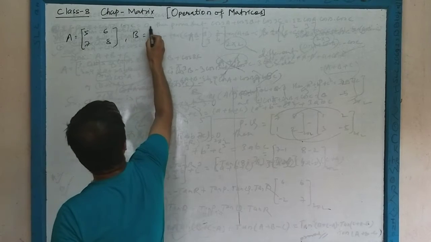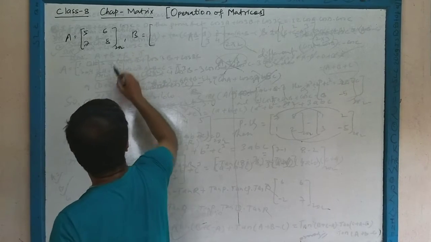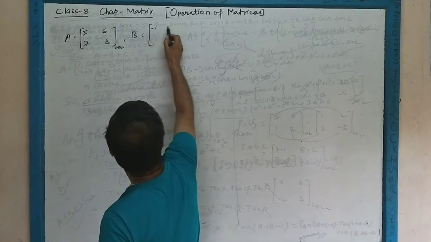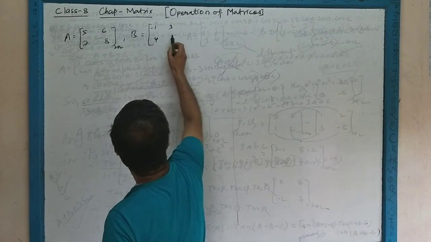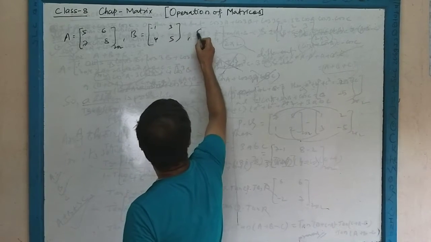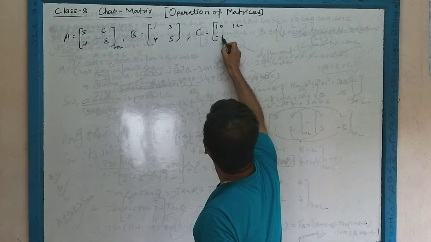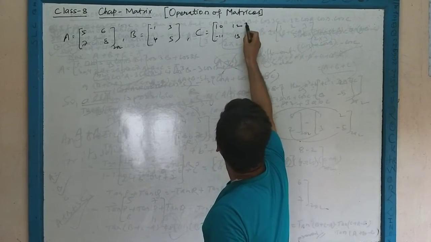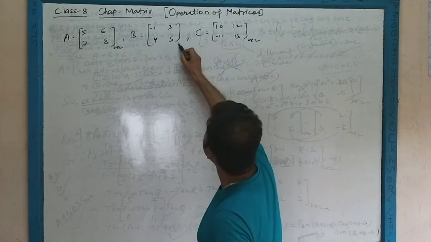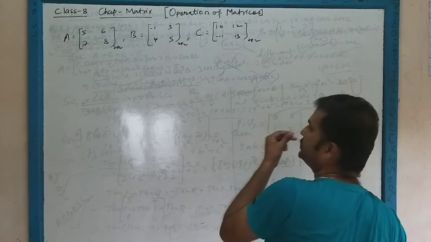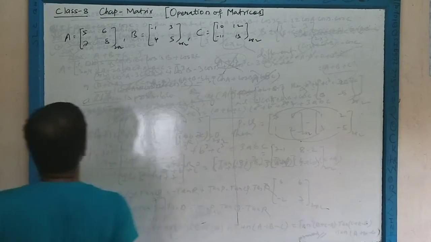These are of order 2 by 2. Matrix B as minus 1, 3, 4, 5, and matrix C as 10, 12, minus 11 and 13. It's also 2 by 2. Now let's do its matrix operation.